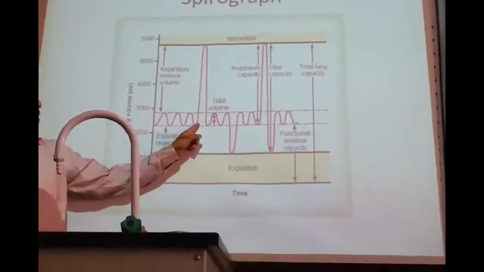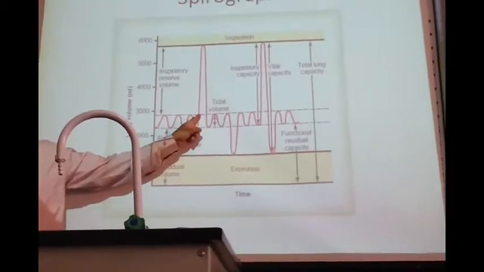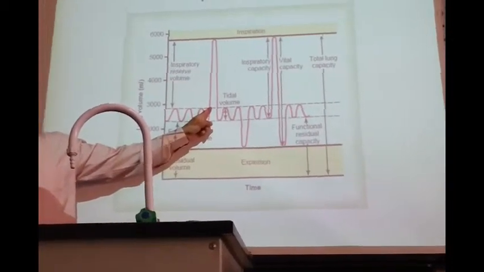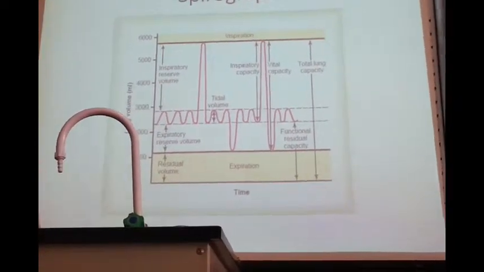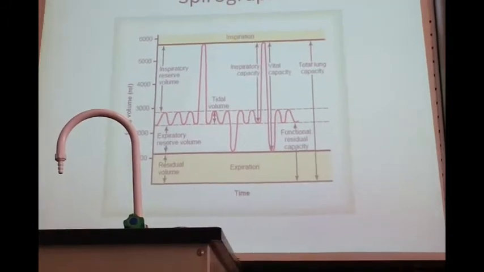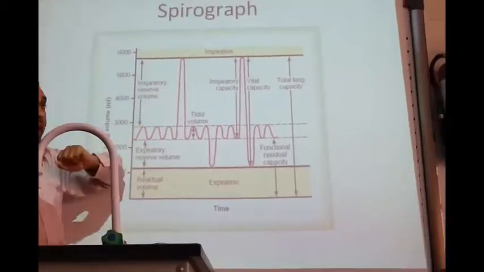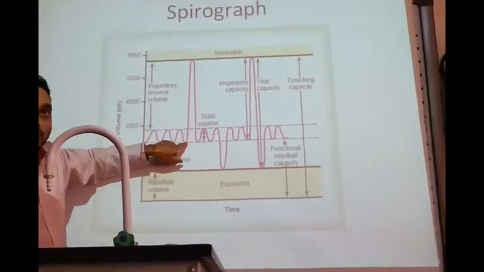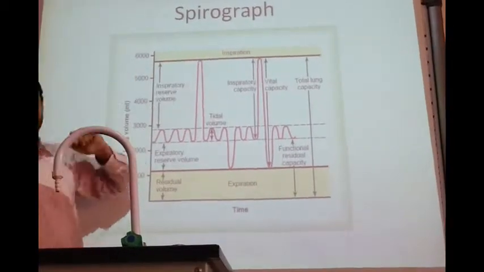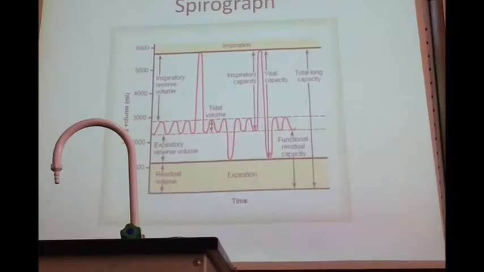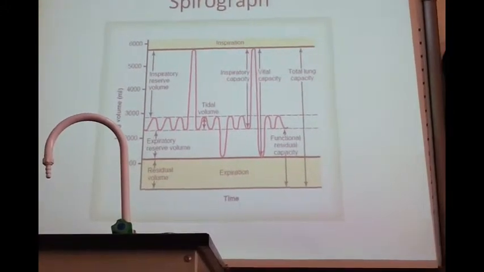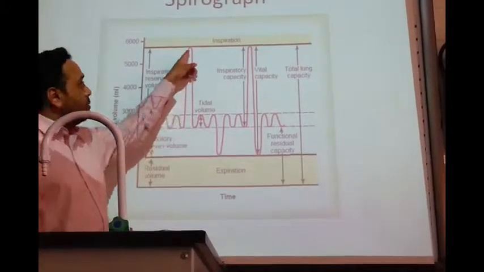After the normal inspiration of 500 milliliters, you can take in more air, and from here to here is the inspiratory reserve volume. From here to here is the inspiratory capacity.